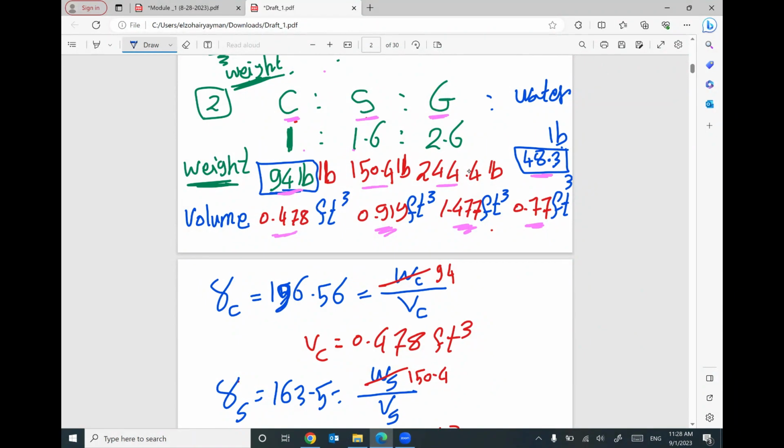These weights will produce for cement only 0.478 cubic feet, for sand only 0.919 cubic feet, for gravel only 1.477 cubic feet, and for water only 0.77 cubic feet. If you add these numbers together, I can tell you how much volume that 1 sack of cement will produce.